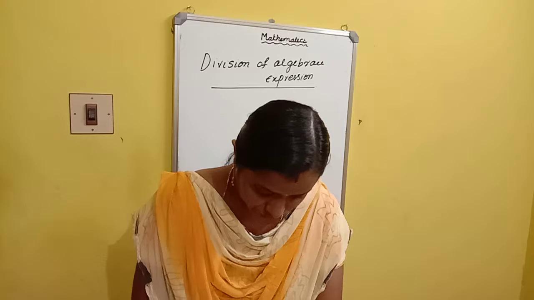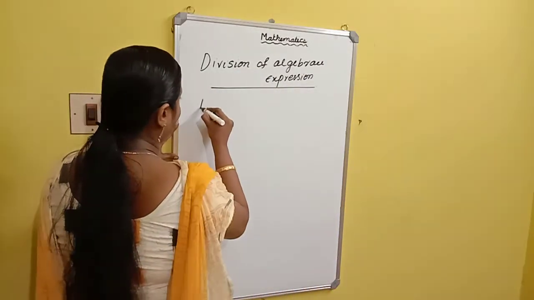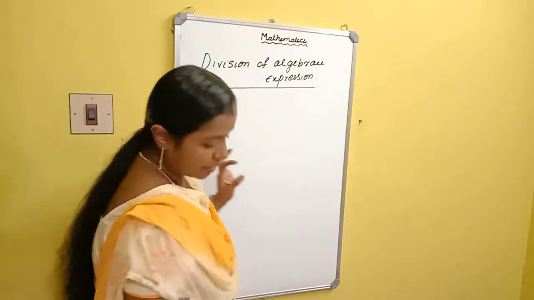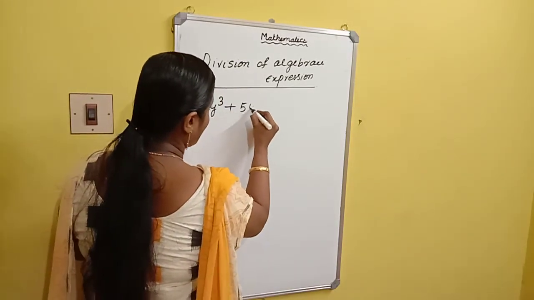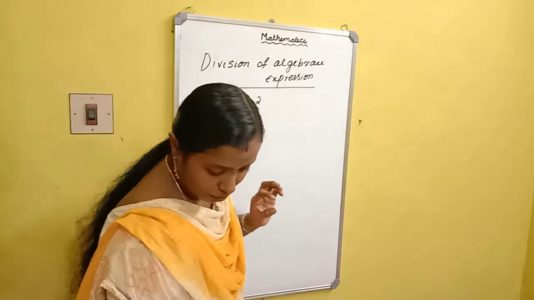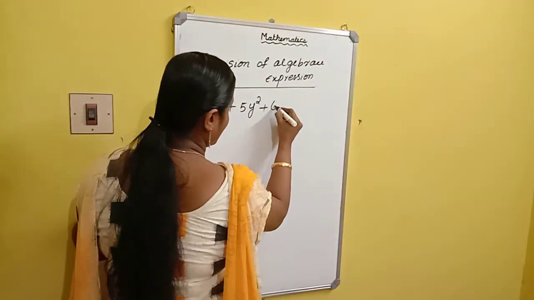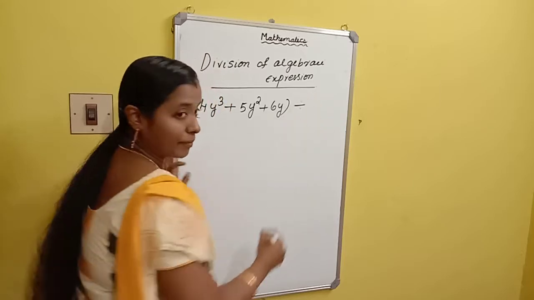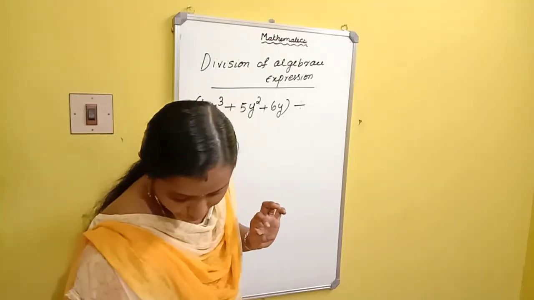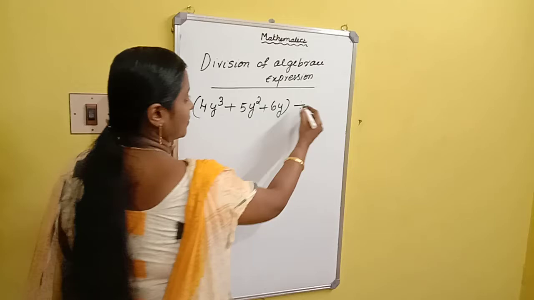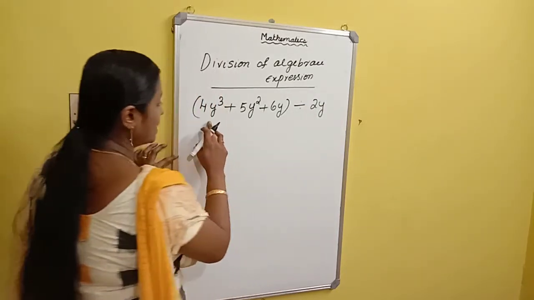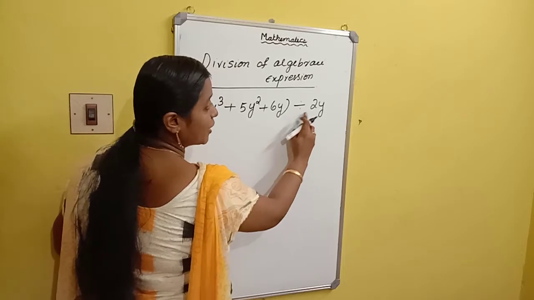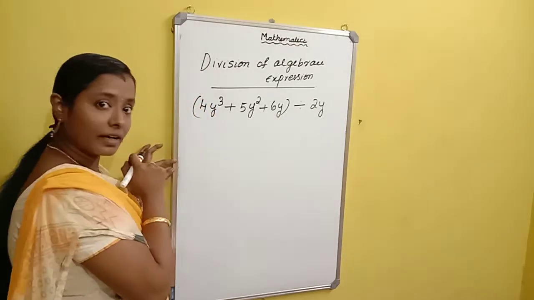First one: 4y cube plus 5y square plus 6y is one algebraic expression, divided by 2y. So what is our heading? One algebraic expression divided by a monomial. Clear?